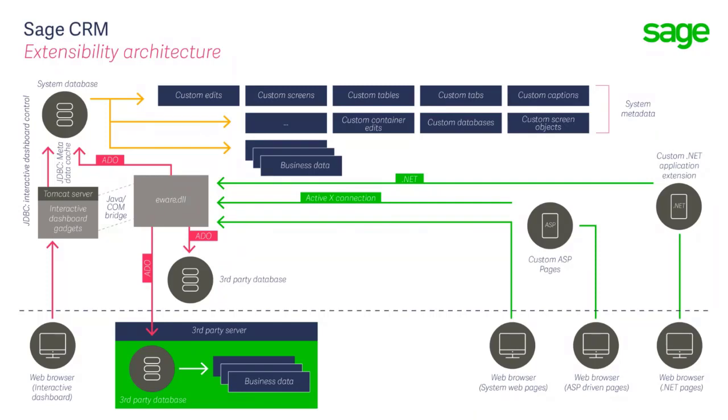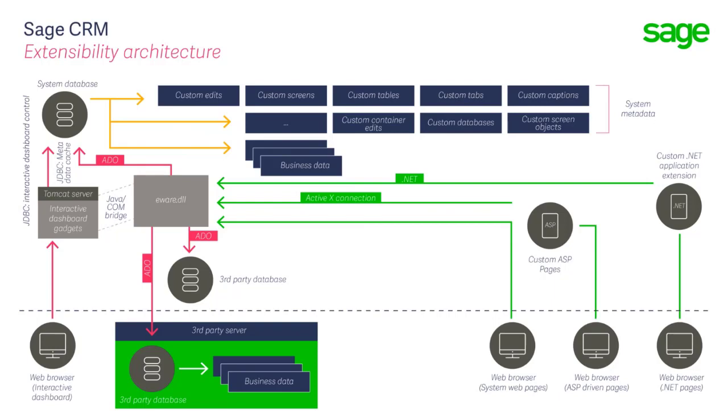So we can literally pull a screen together, including the captions and the translations for every single point within the screen, back into the system. And it doesn't matter whether those definitions are pointing to a CRM table, a table within the CRM database, or whether they're pointing to a database that sits in a third-party system.